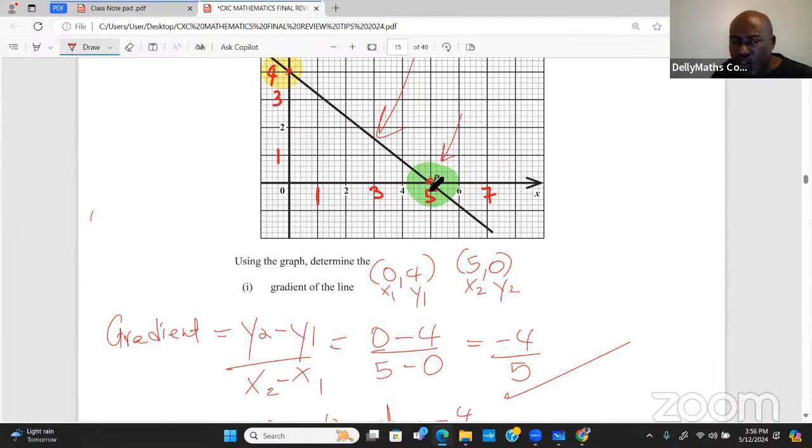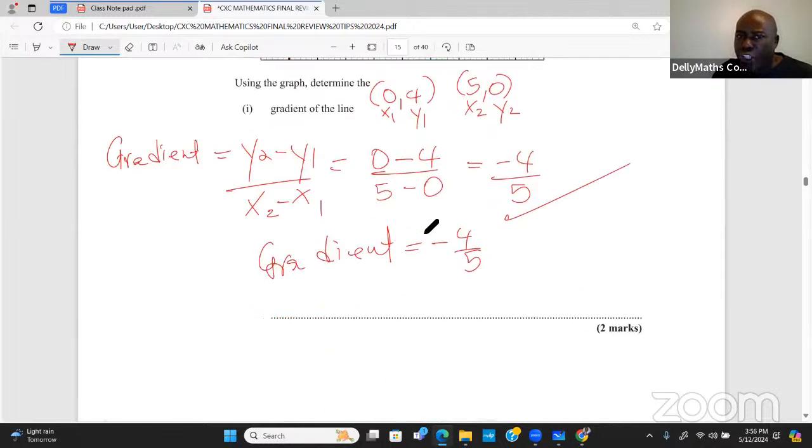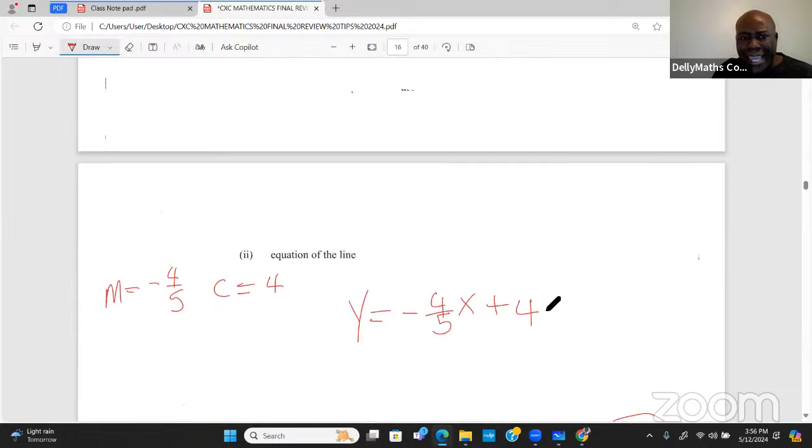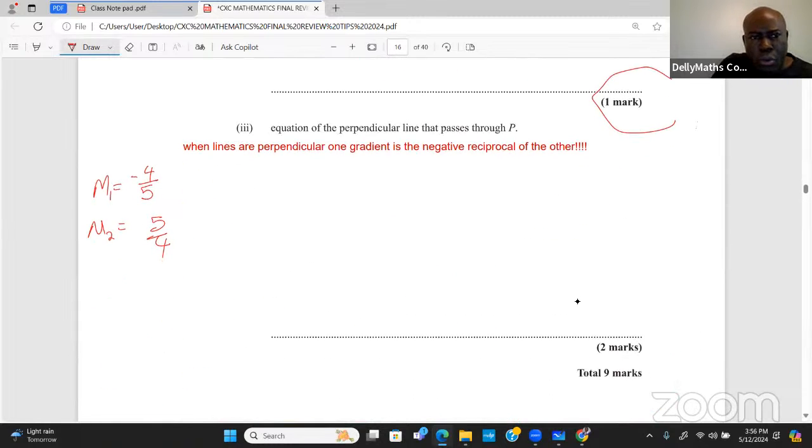It passes through 5, 0. So I have, for this question, my slope, which is 5 over 4. I have a point that it passed through, and that point is 5, 0. Now, remember, this is x and this is y. You're going to have to apply yourself to the case and try to find for yourself the y-intercept.